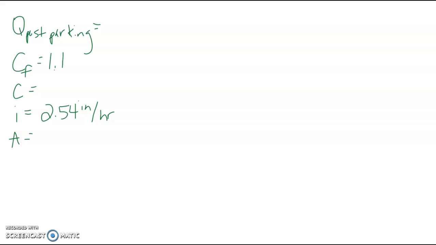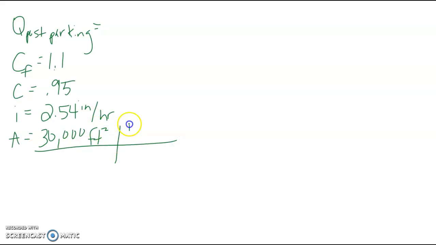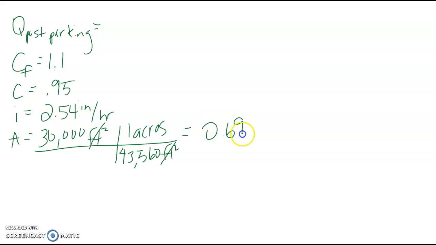So we're going to use 0.95, and then our area is going to be our 30,000 square feet, but we have to convert that into acres, which we already did before. So I'm just kind of rewriting it out so that you know what I'm doing and where I'm getting everything. So when I convert this out, I get 0.69.